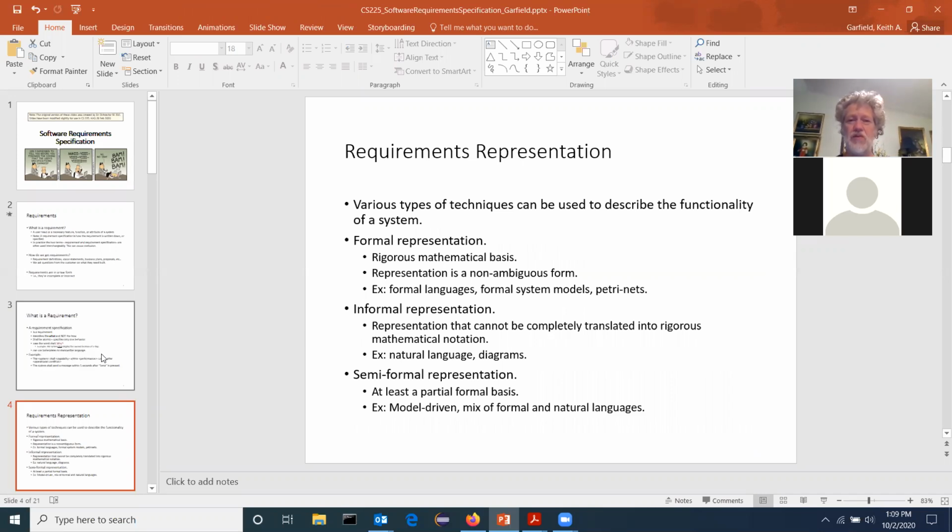Different representations, we'll focus on the formal representations. And by formal, we mean use math. Use math if you can. If you can't use math, then you use the informal representation. You try to capture the behavior as fully and unambiguously as possible in English or whatever language you're working in.